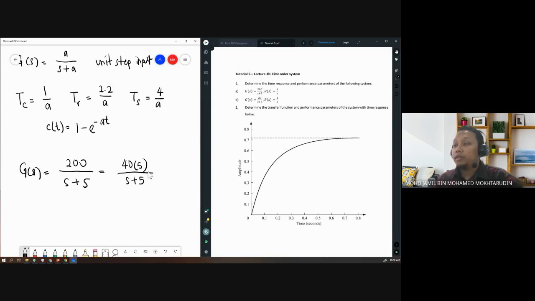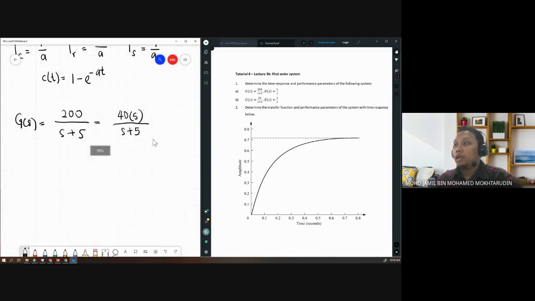So you factorize. And if you are still confused, write 40 times 5 divided by s plus 5. Now you can see that this portion here is a first order system, similar to the formula you have.